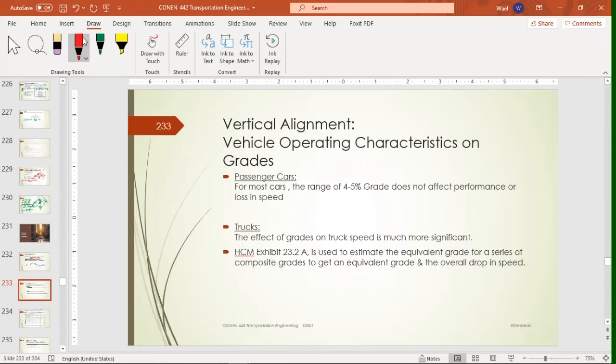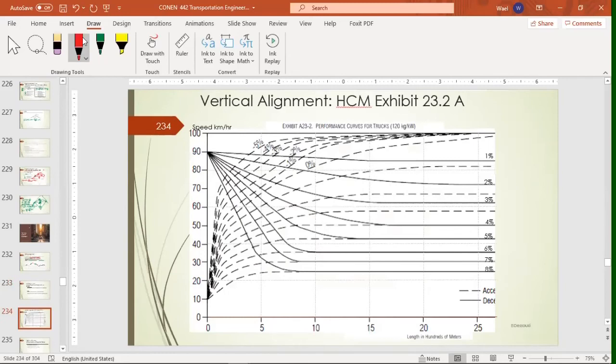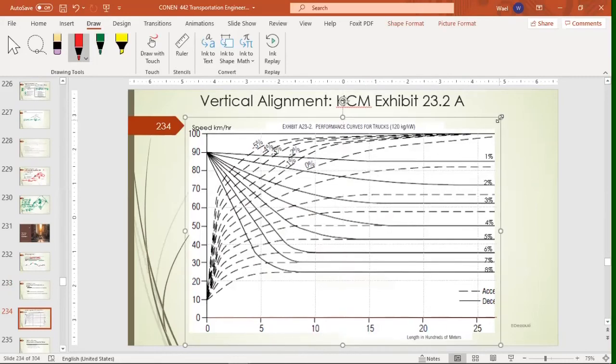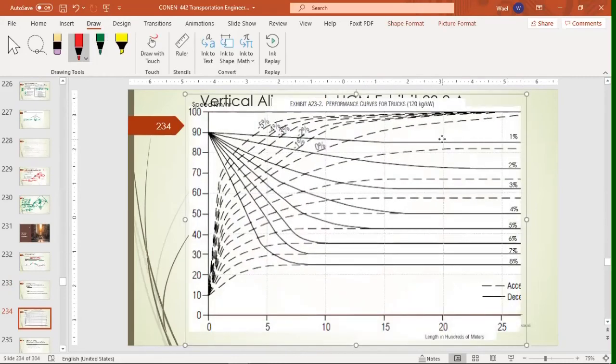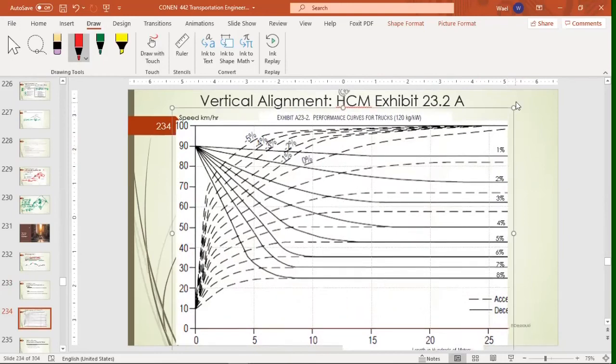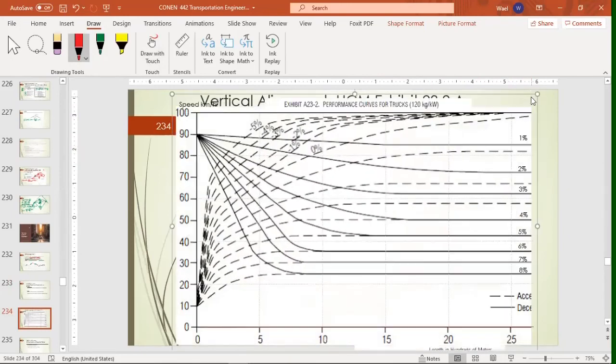For trucks, just going 2% or 3%, it affects significantly the speed performance. And here we have this chart from the Highway Capacity Manual. It shows the performance of trucks on vertical grades.